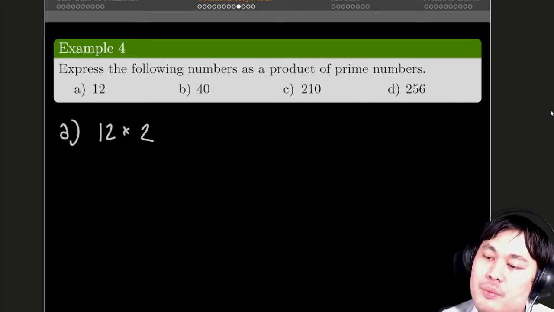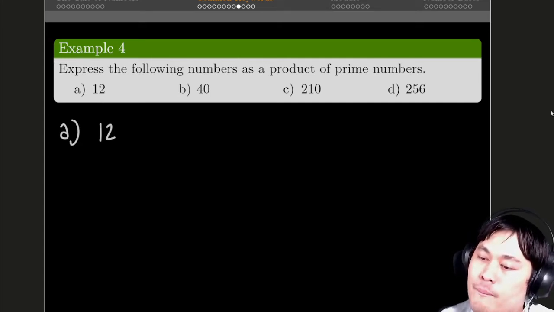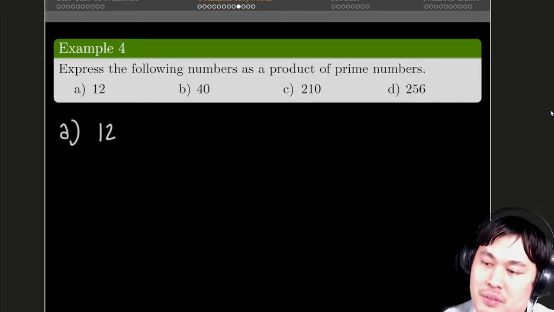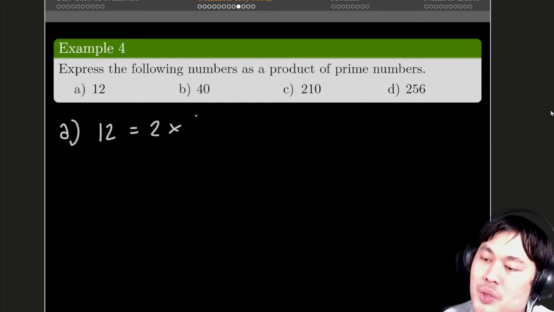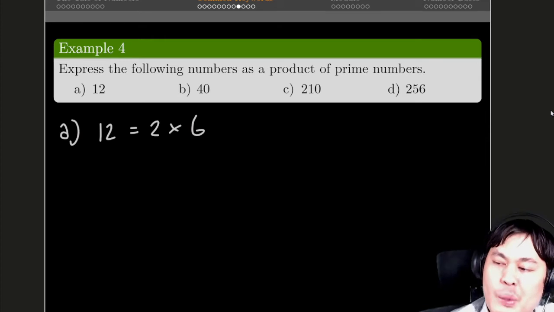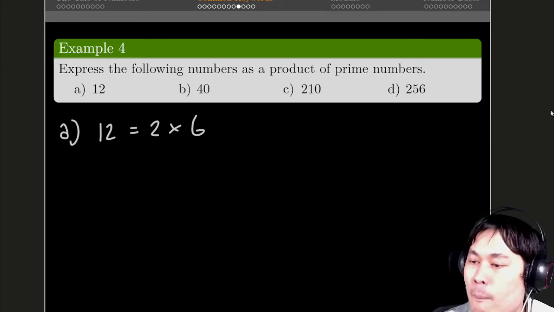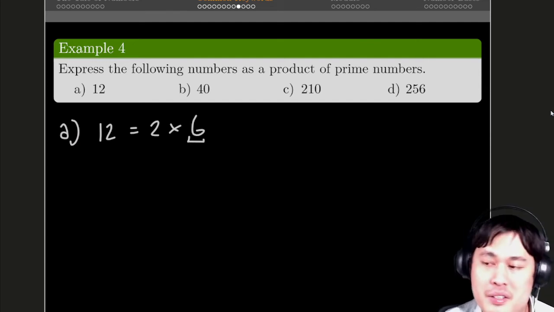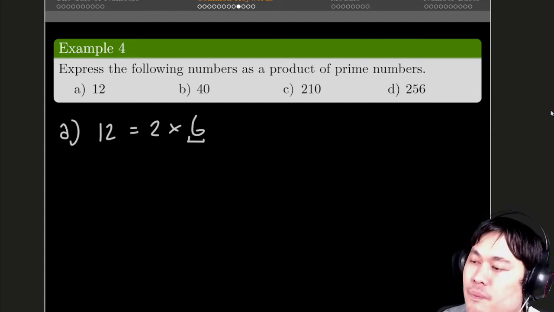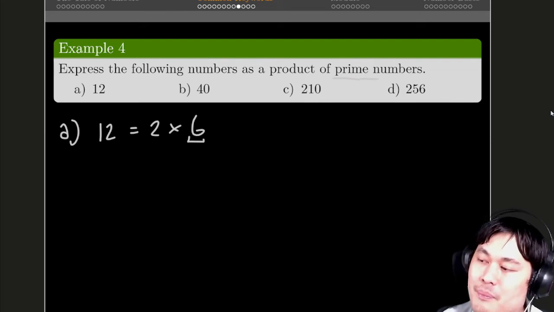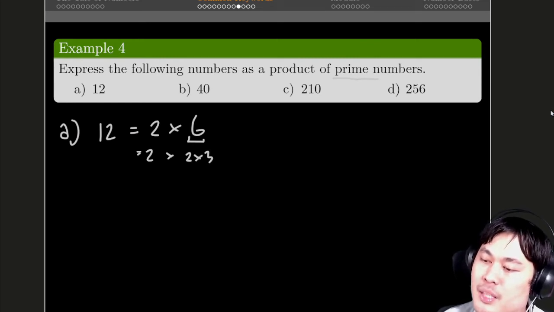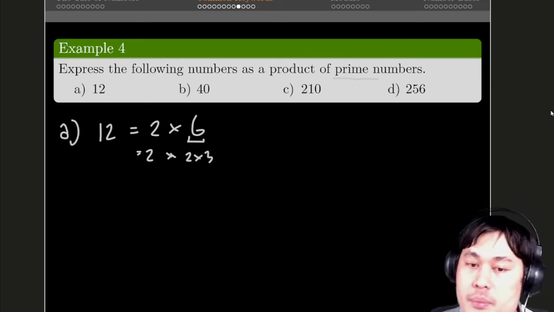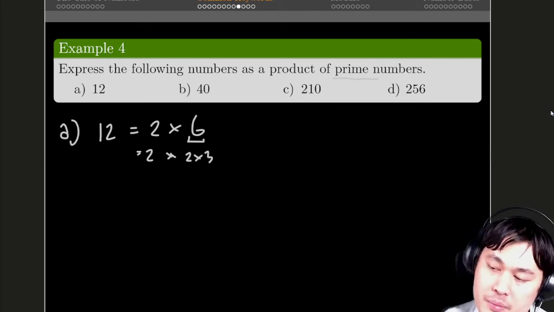So 12 is 2 times... Oh, by the way, if you use scratch paper, then maybe you could start from what you know, which is just write it as 2 times 6. And then, what about 6? 6 is not prime, it's a composite, but we want prime powers. So we have to first divide 6 into a product of smaller numbers.